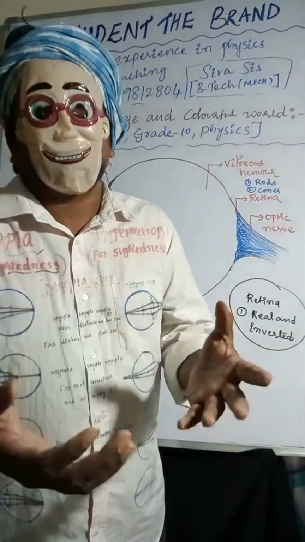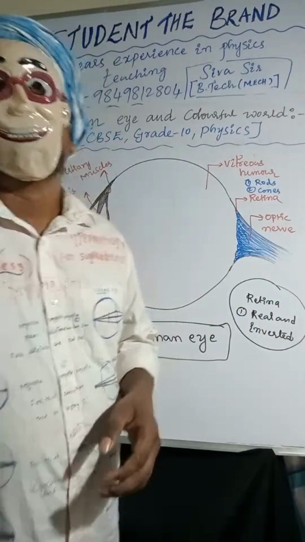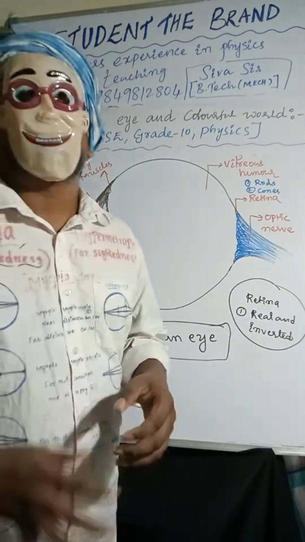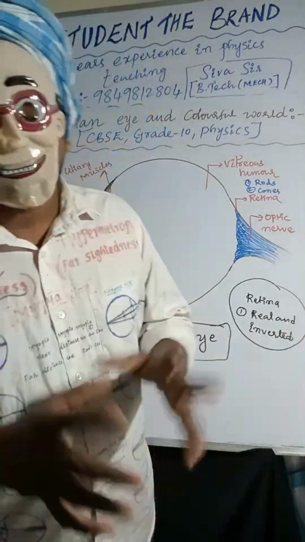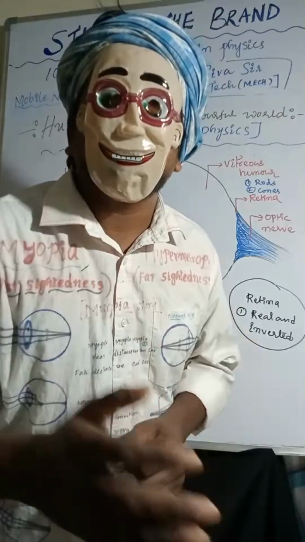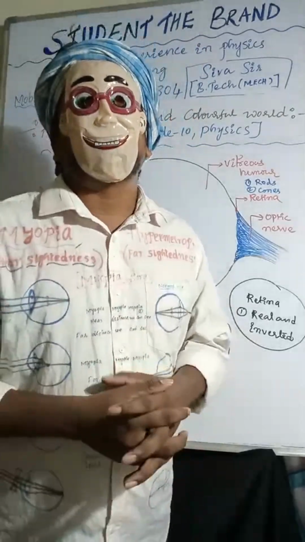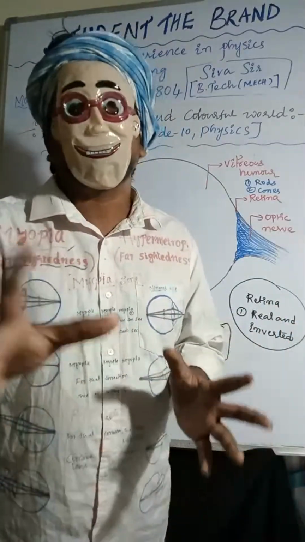Far point is infinity for a normal healthy person. So the range of vision is 25 centimeter to infinity. I hope it is very clear.